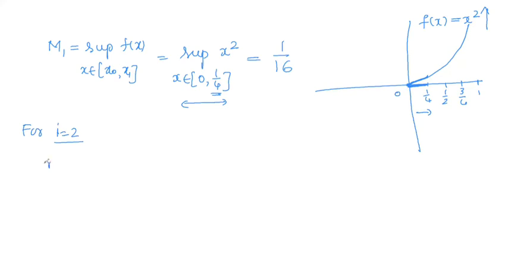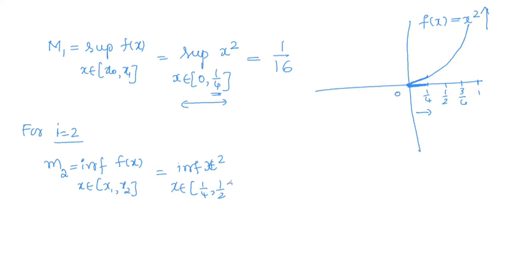So for i equal to 2, m2. What is m2? It is the infimum of all f of x as x varies over x1 to x2. That is, the infimum of all x square as x varies from 1 by 4 to 1 by 2. So in this range, what is the infimum of f of x, and the supremum of f of x?